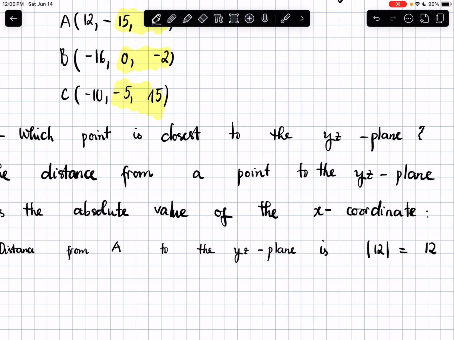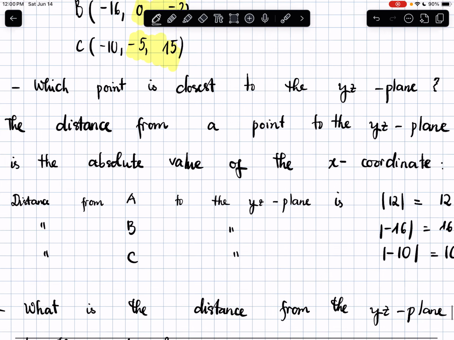The distance from B to the YZ plane is the absolute value of minus 16, which is 16. The distance from C to the YZ plane is the absolute value of minus 10, which is 10.